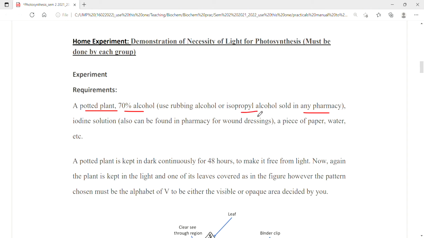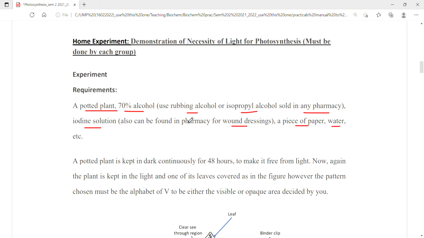Ask for isopropyl alcohol or rubbing alcohol, which is used for first aid, I assume, or cleaning wounds. And then you also have iodine solution, also for first aid, for wound dressing. These two items should not be a problem to obtain, and in fact your seniors have got them easily from the pharmacy, or other shops or health shops that sell them. And then a piece of paper to cover the leaf, as well as water.